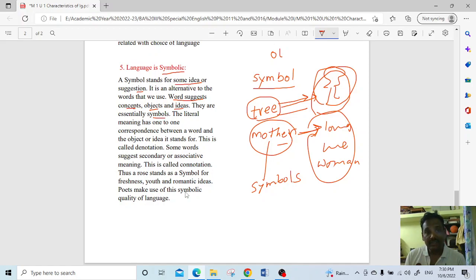So the literal meaning has one to one correspondence. It means that they directly suggest, their word meaning suggests these ideas or objects. So in technical word, this direct suggestion is called denotation.